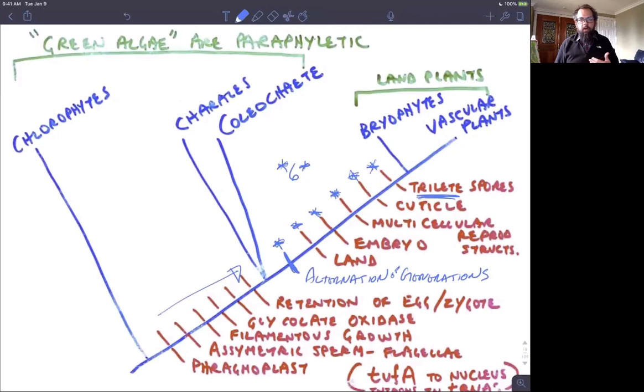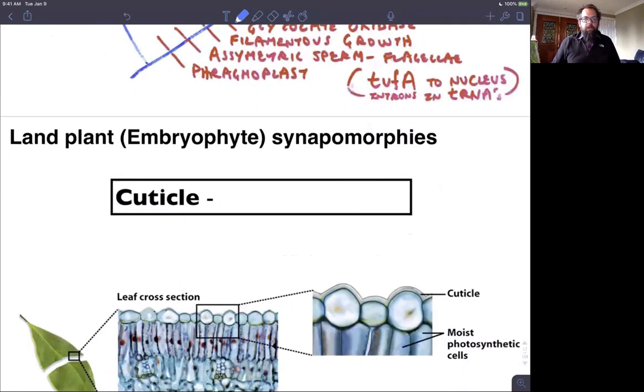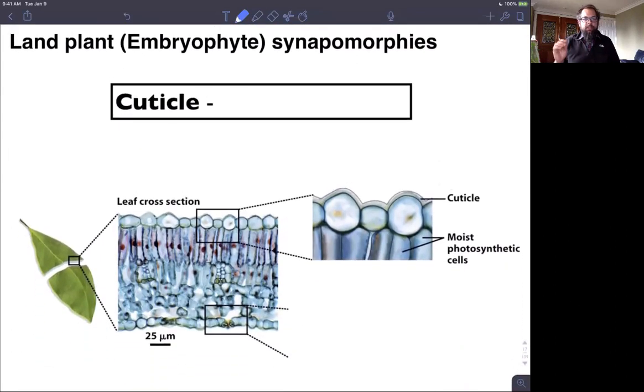And so what I'll do now is actually start to look at those individual synapomorphies for land plants and what those look like. The first of those land plant synapomorphies is the cuticle.